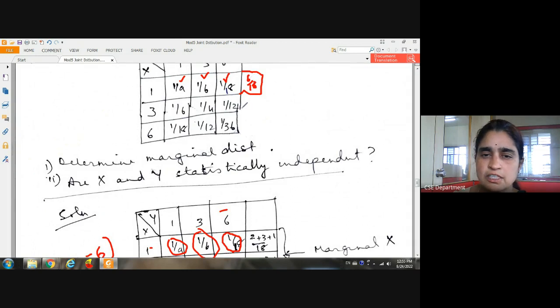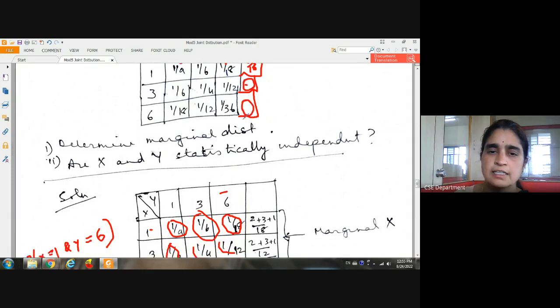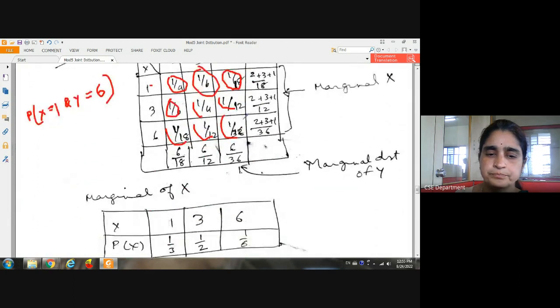Next values, add these and write here. So x takes value 1 with this probability. X takes value 3 with this probability. Whatever we have added and written here, x takes value 6 with this probability. This we write as a table.